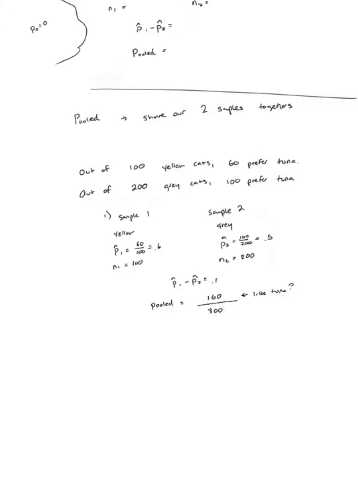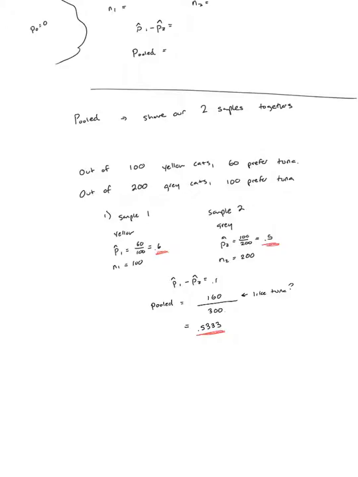So my pooled proportion here would be 160 over 300, or 0.5333. Notice that my pooled proportion is in between P1 hat and P2 hat, but it's not directly in between. The pooled proportion is actually weighted. That is, it's going to go towards whichever value has the highest sample size.